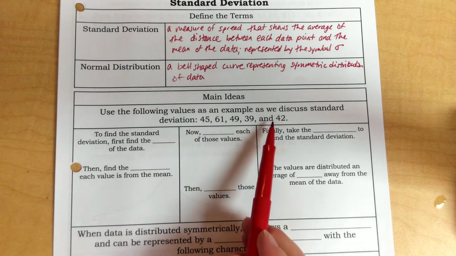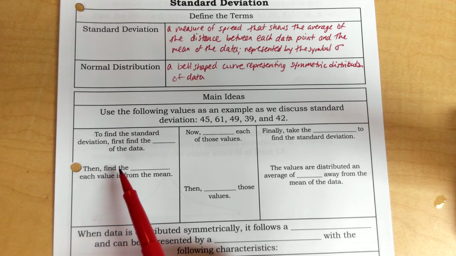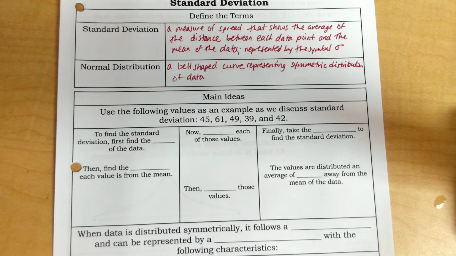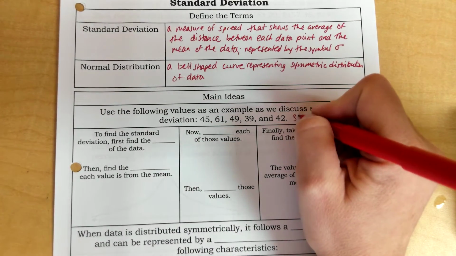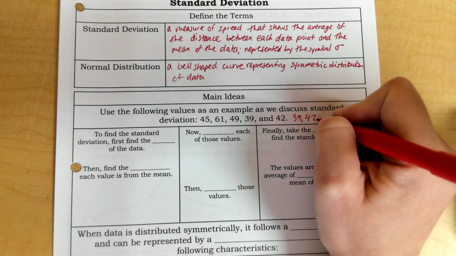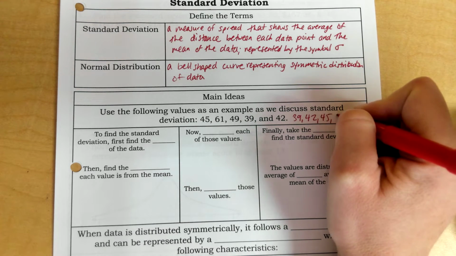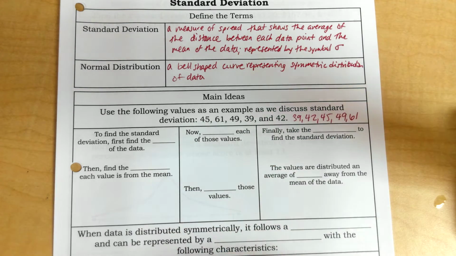We have 5 values that we're going to use to talk about finding standard deviation. So I'm going to go ahead and put those values in least to greatest order, just because it's a habit that we tend to do, just because we need it in that order so often. It's not necessary for this problem, but it's nice just to have things in order.